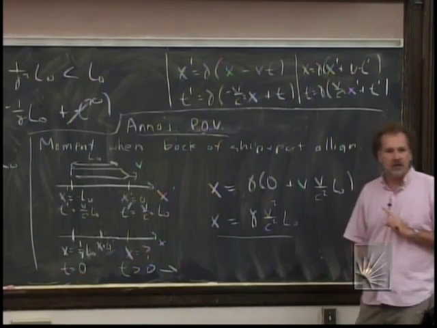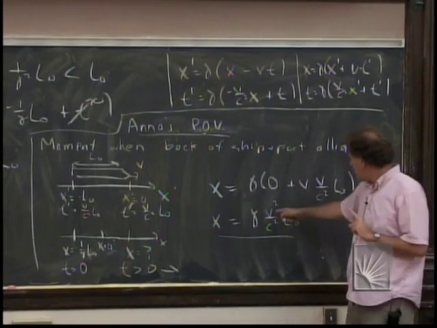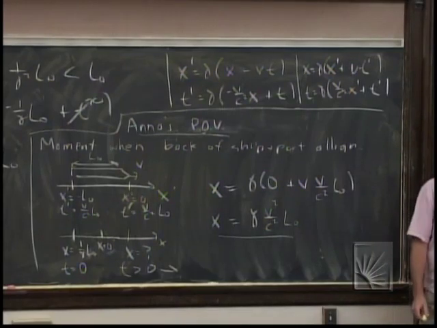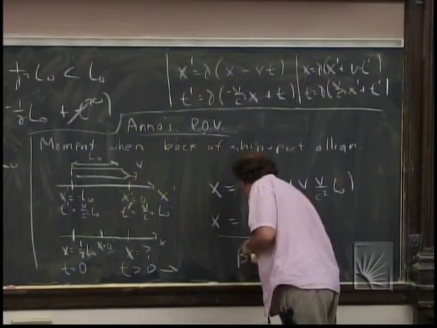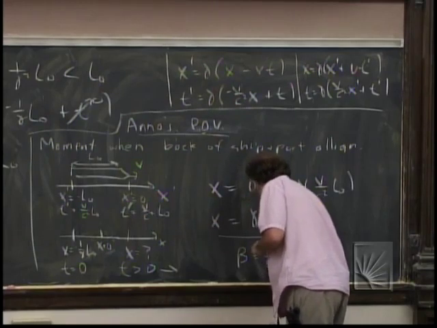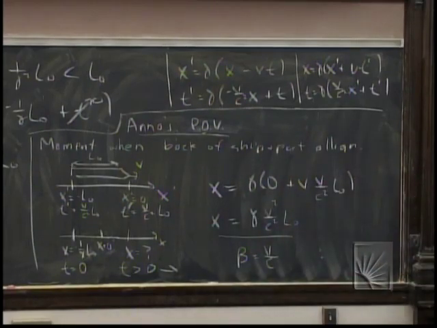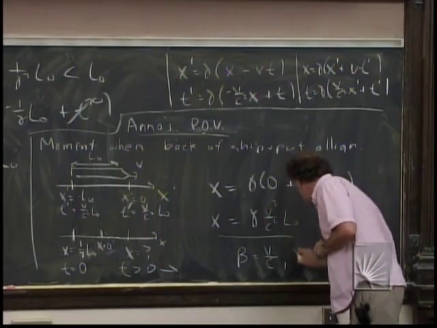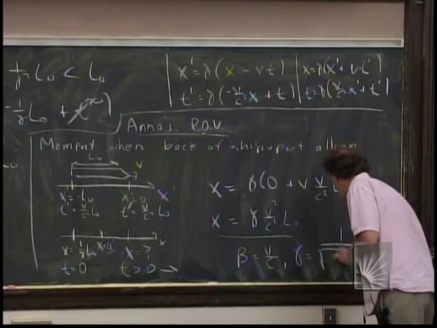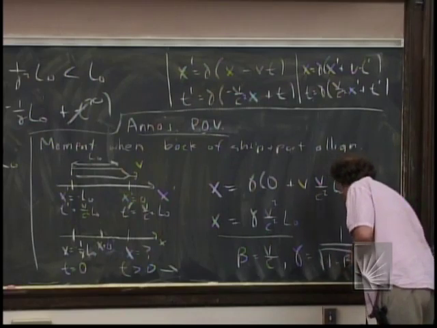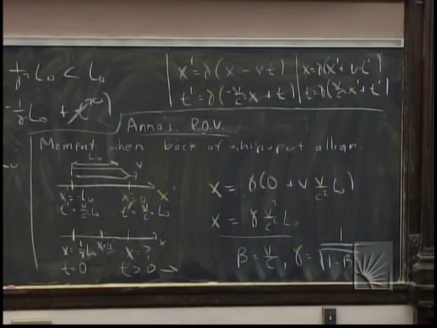Just a bit of notation. V over C appears all the time. And so we assign a Greek symbol to it, beta. Beta equals V over C. And in that notation, gamma is 1 over the square root of 1 minus beta squared.